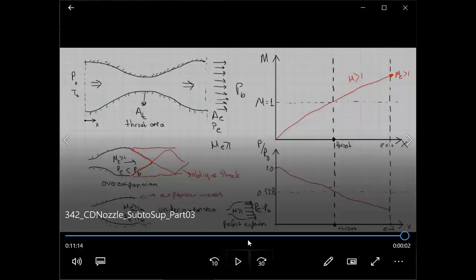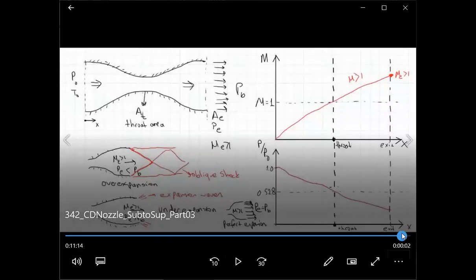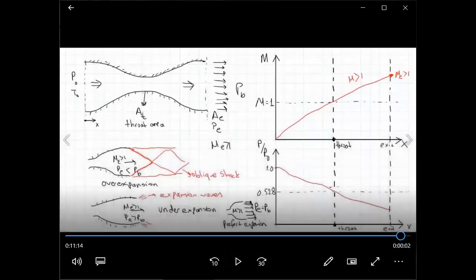Let me quickly make one note here. For example, this overexpansion case. First of all, when we have a subsonic exit, I said P_exit is always equal to P_B. When we have a subsonic exit Mach number, that's for sure.